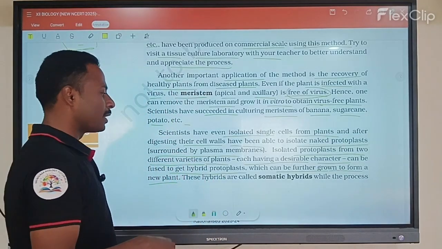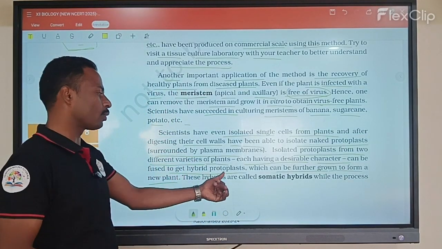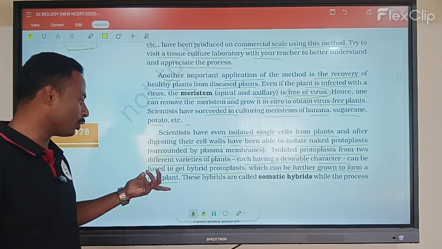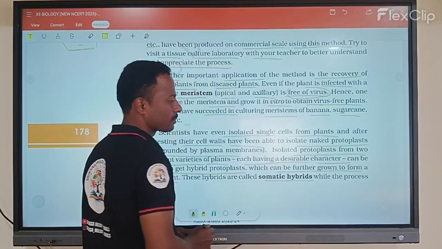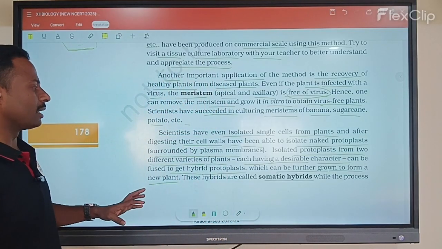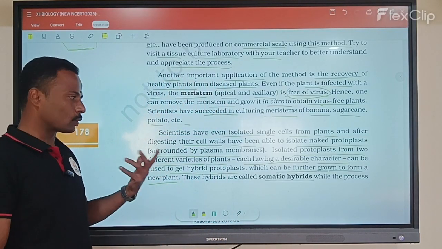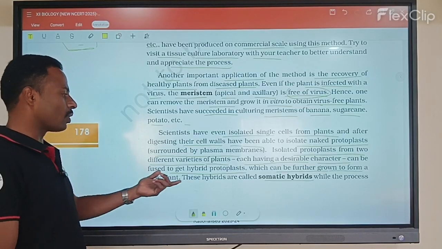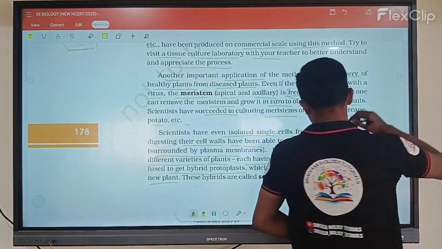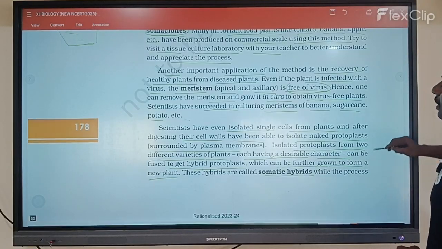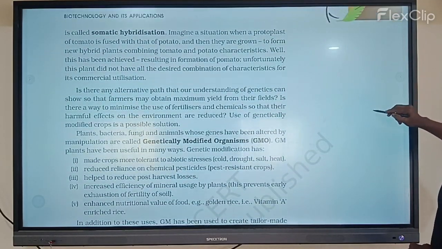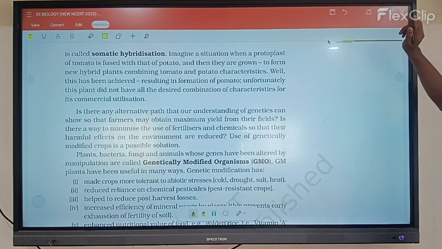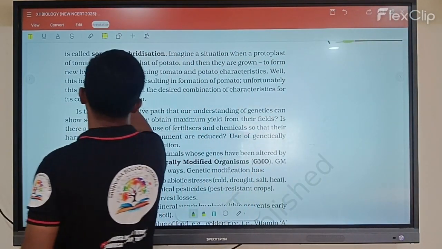Such hybrids are called somatic hybrids, while the process is called somatic hybridization.